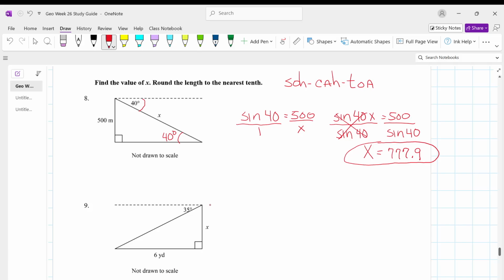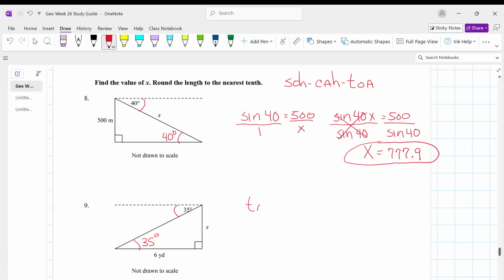And on problem number 9, this angle of depression is congruent to this angle inside the triangle, so this is 35 degrees. In relation to this angle, we're looking for opposite. We have adjacent. Tangent equals opposite over adjacent.